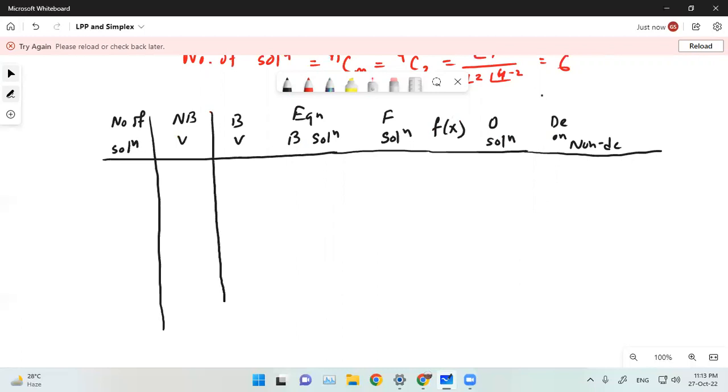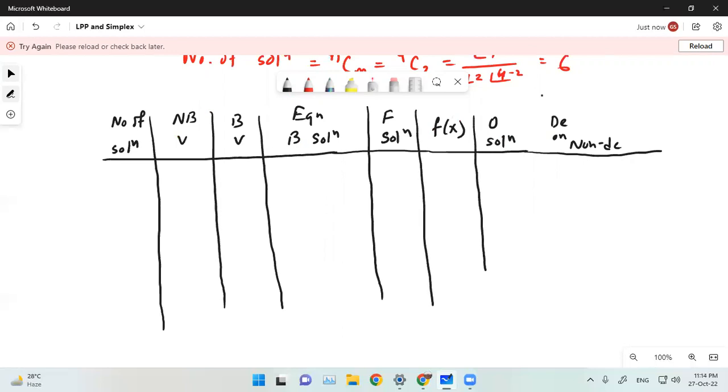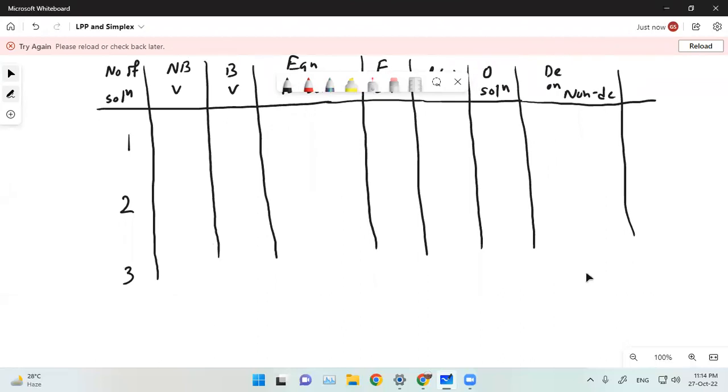The equations and magnitudes should take a bit more space. Optimum or not, and degenerate or not. So we should have 6 of them. So 1, 2, 3. Then we should go with 4.